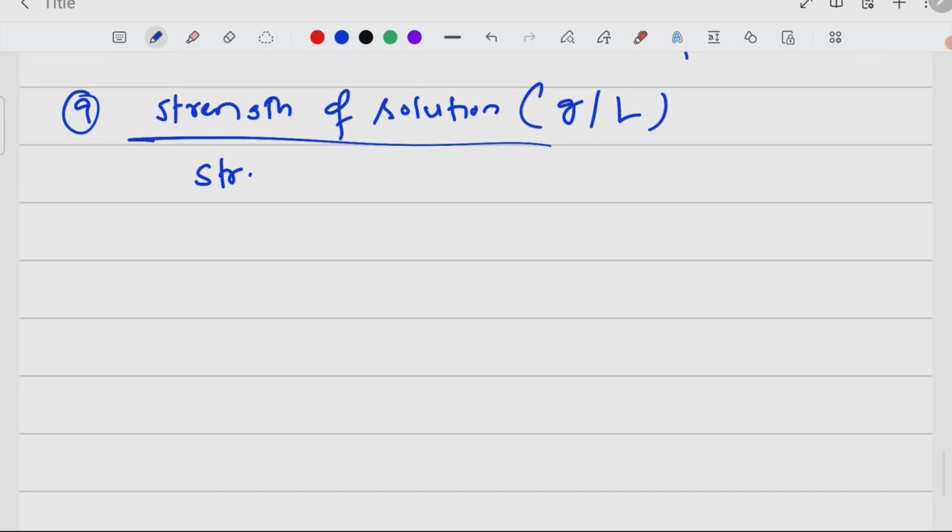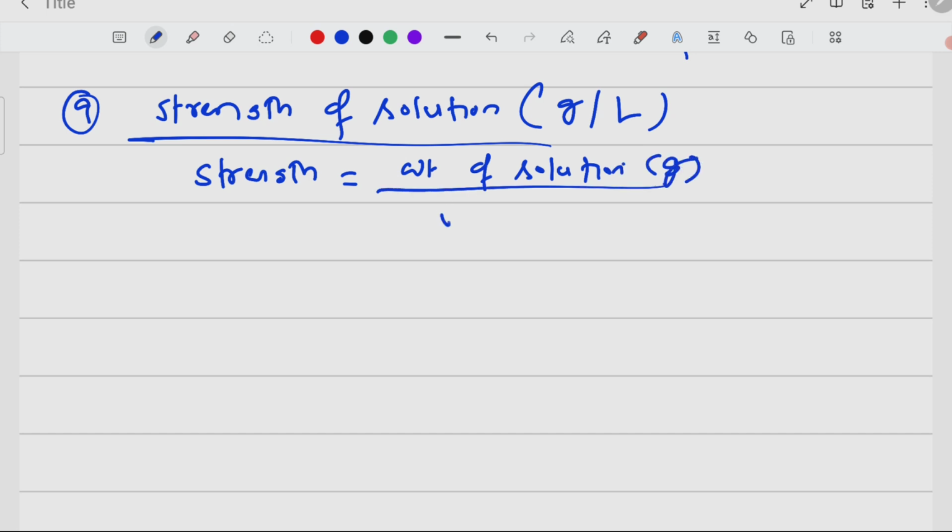So whenever they ask for strength, you express the answer in gram per liter: weight of solution in gram by volume of solution in liters. There is one more term, normality. The normality term will be discussed in the redox reactions topic, not here.